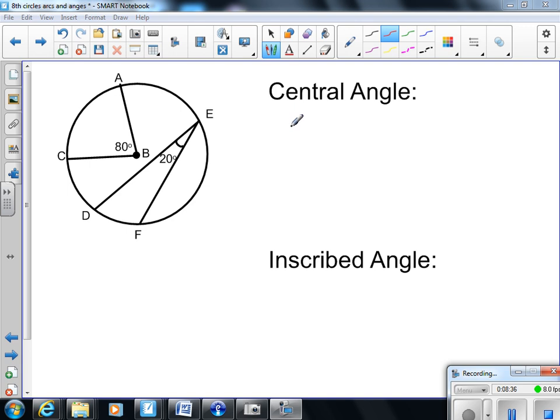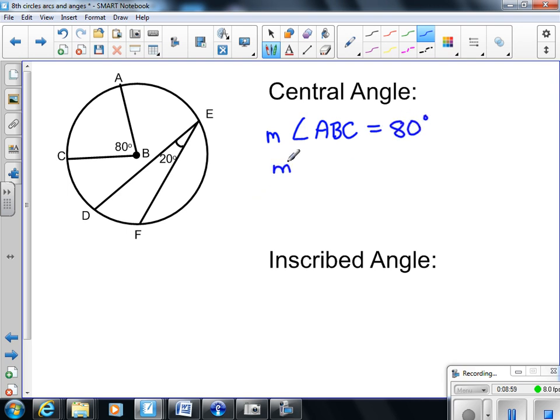All right, what is your first central angle? Okay, the central angle is angle ABC, or you could have it written as angle CBA. What is that measurement? That measurement would be 80 degrees.